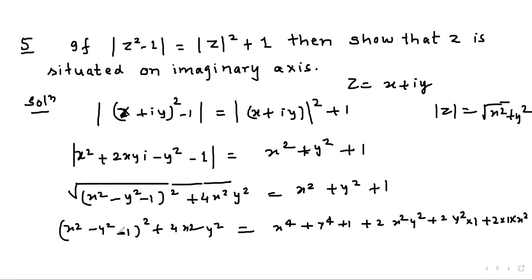Similarly, we can expand LHS also. So we can solve it. So it will give 4x square equal to 0, from where x equals 0. And we have z equals x plus iota y. So when x equals 0, then z will be iota y only. So that is why we say that z lies on the imaginary axis.